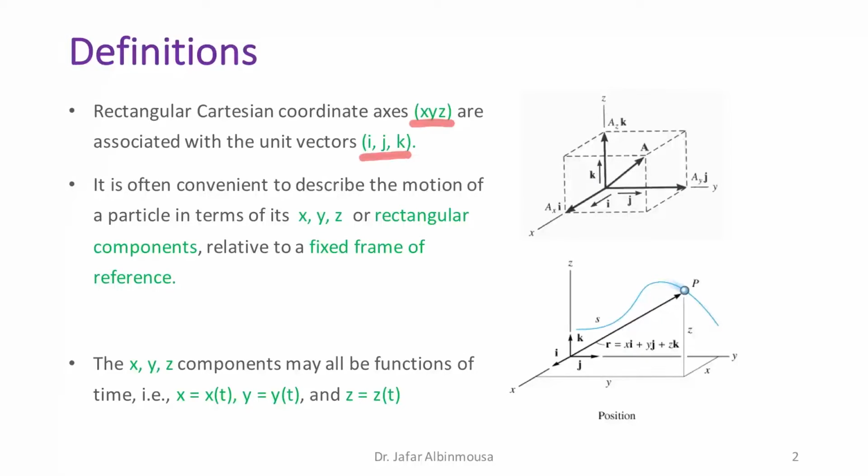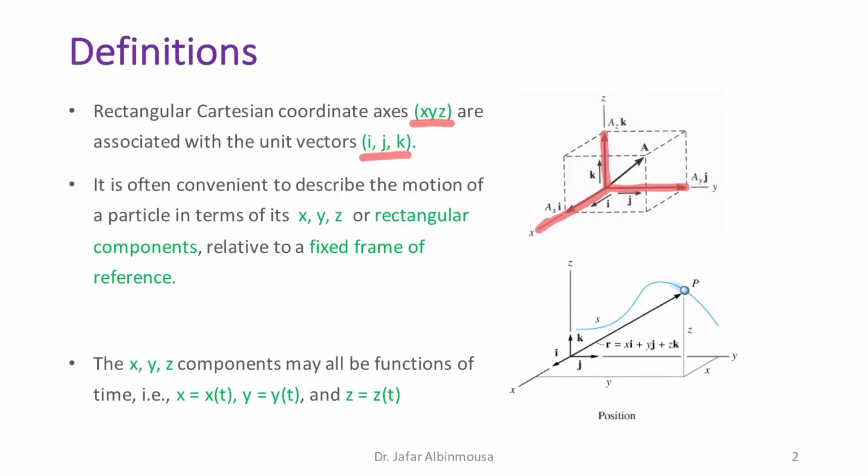Those unit vectors are represented in a coordinate system like this. So this is the x-axis with unit vector i pointing in that direction, this is the y-axis or the j-axis, and finally this is the z-axis, which is the k-axis.